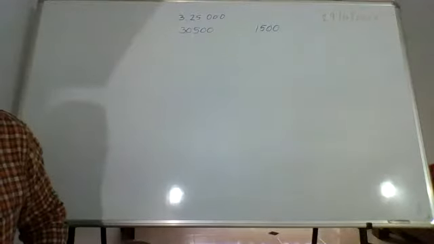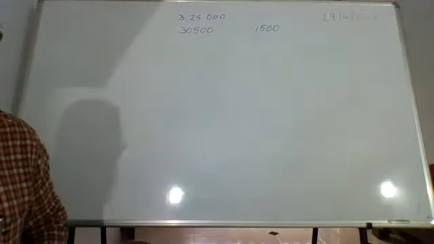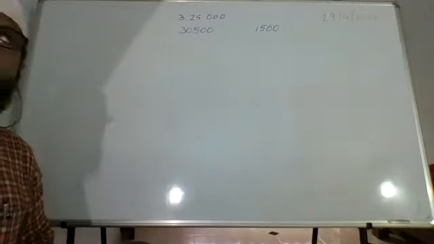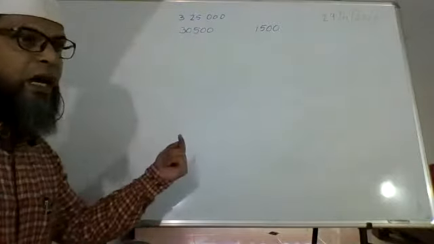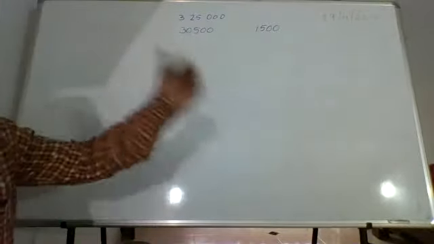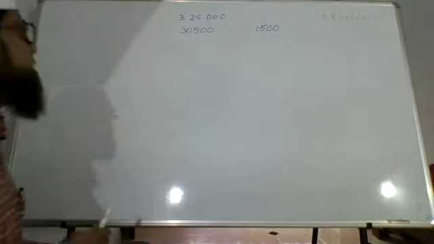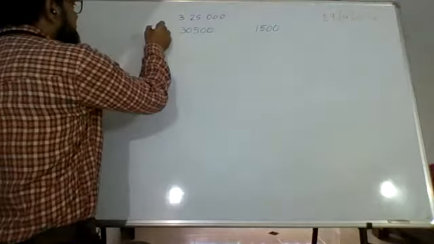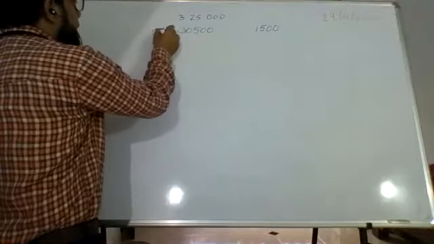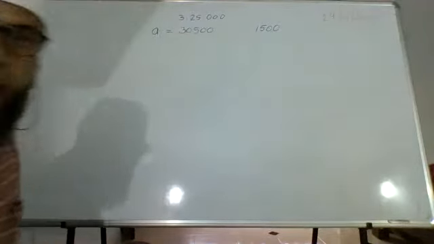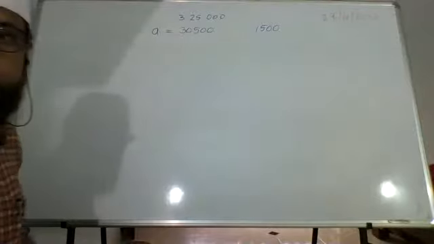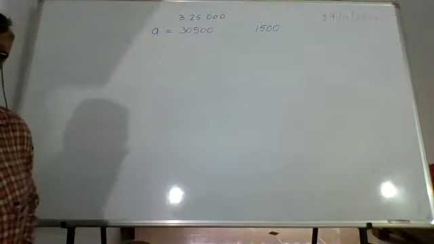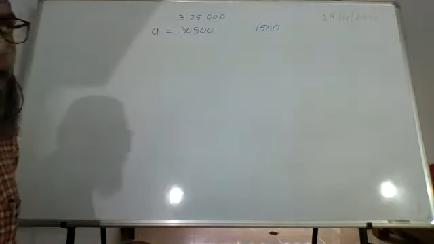By paying rupees 30,500 in the first month. He pays in the first month, then he pays in the second month, then the third month. So this clearly becomes A1 or A. A equals 30,500. So Ajay Sharma has to pay the total amount.